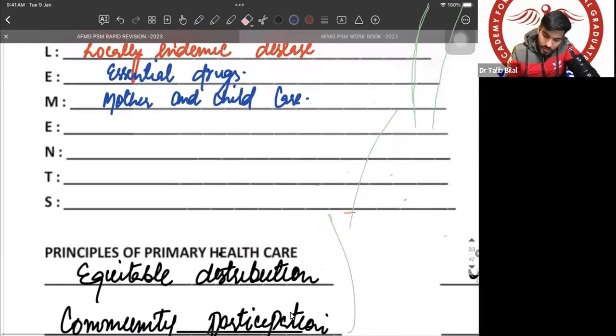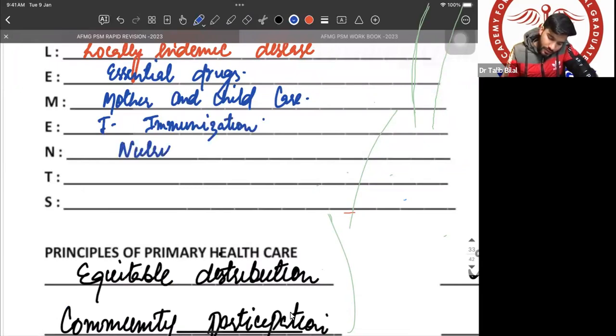E, just remember immunization. N is nutrition. T is treatment of common diseases.